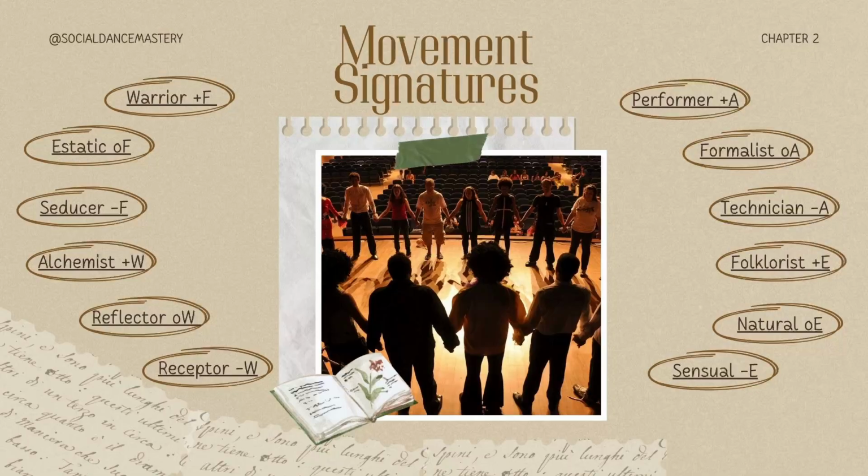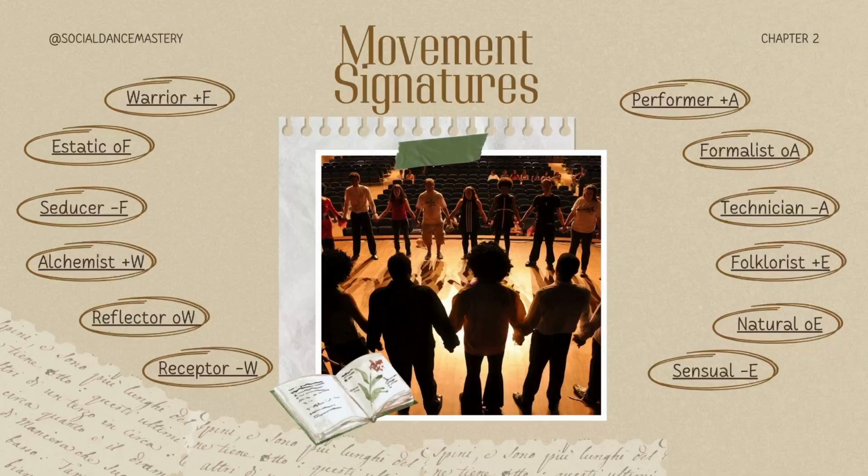And this is what makes the signature of a specific type of movement. Recognizing our signature helps us to understand our energetic strengths and weaknesses, and it helps to know how to connect more harmoniously with different types of dancers.